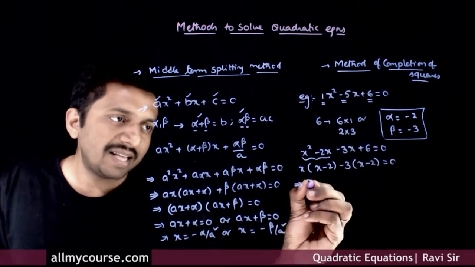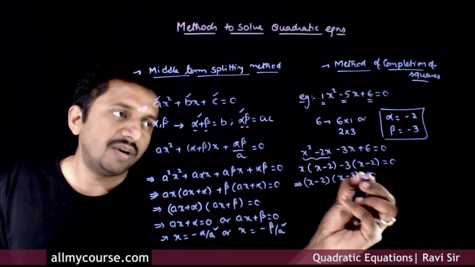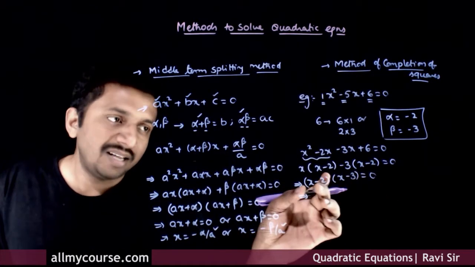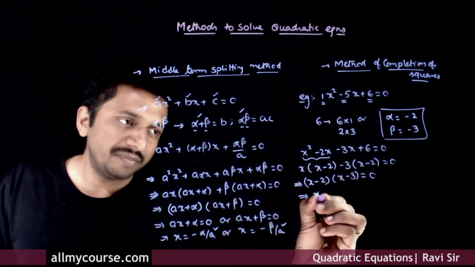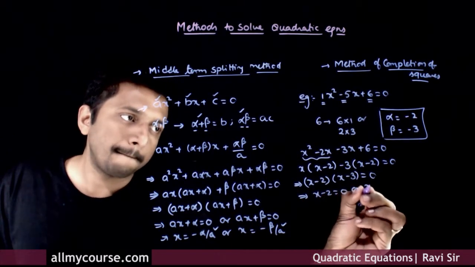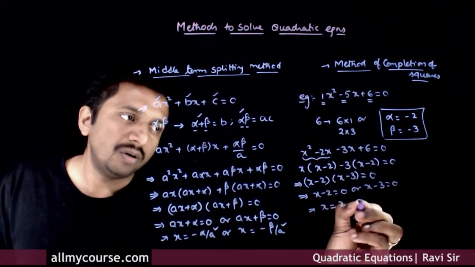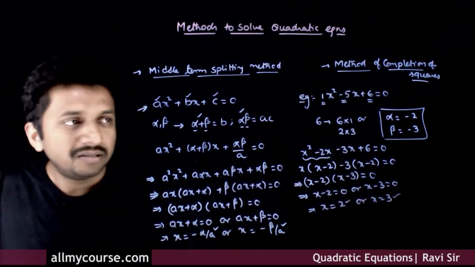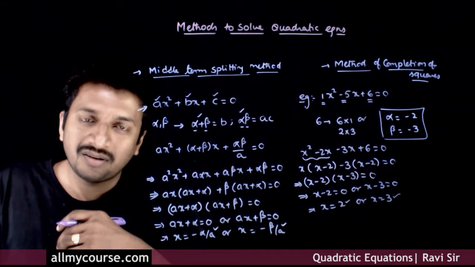So x minus 2 times x minus 3 is equal to 0. This implies x minus 2 is equal to 0 or x minus 3 is equal to 0. This implies x is equal to 2 or x is equal to 3. So this is the process in which we solve the quadratic equation.